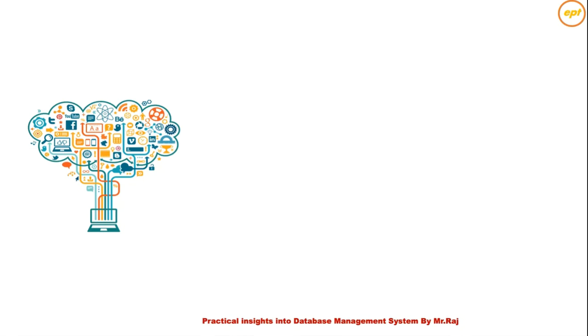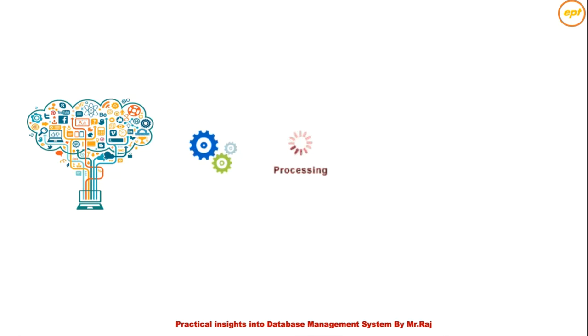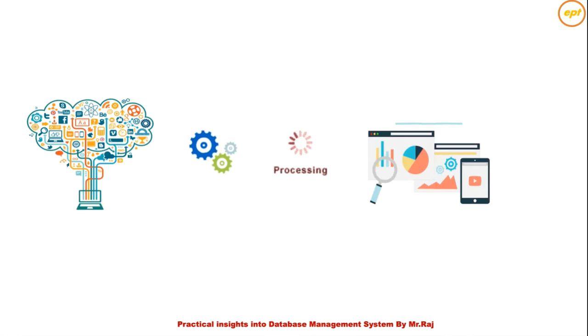Now while converting this raw data into the meaningful data, you need to understand and analyze the data, and based on that you need to write business logics, and you have to process it properly and then convert it into the information. Information could be in any format.